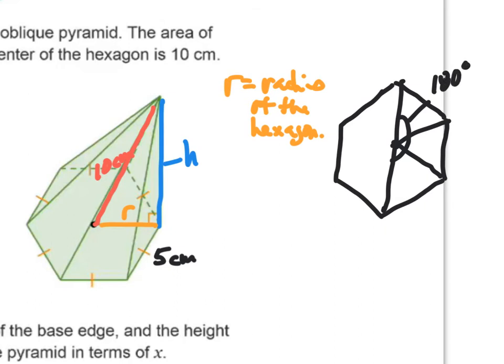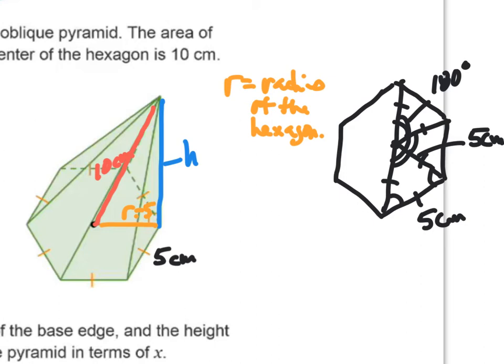If I divide 180 degrees by 3, then each of these angles is going to be 60 degrees. Now if that's a 60-degree angle and these sides are all congruent, then these two base angles have to also be congruent. So what I have is equilateral triangles. So if this is 5 centimeters, then this length here, my radius, is also 5 centimeters. So my radius r is equal to 5.